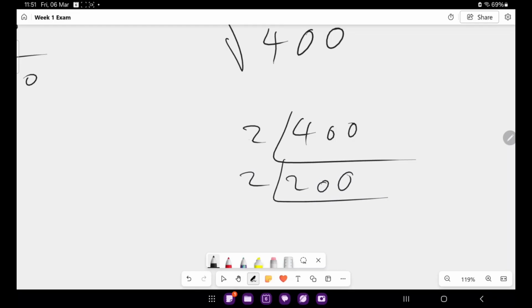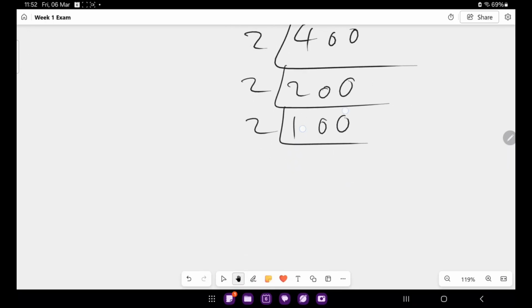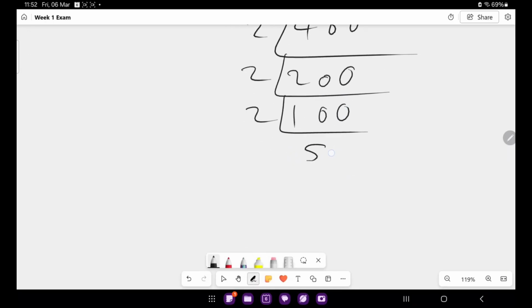Divide also by 2. That's the smallest number that you can get into 200. So 2 into 2, we get 1. 2 into 0, 0. 2 into 100, we get 50. 2 into 50, we get 25. And now we reach here. 2 can't get into 25.